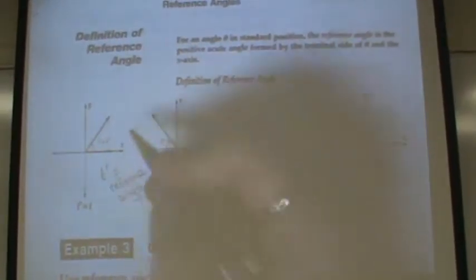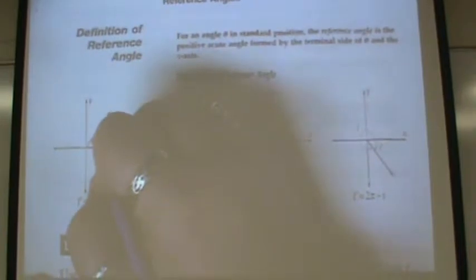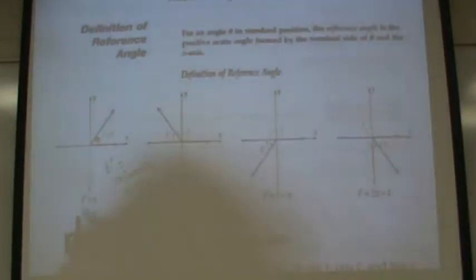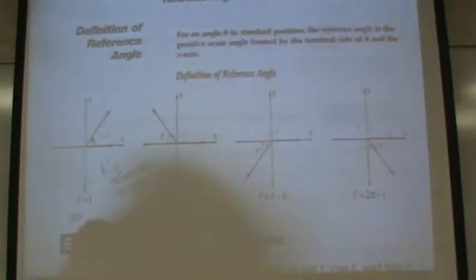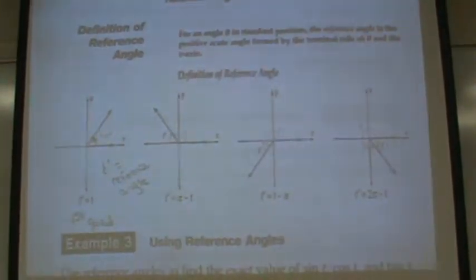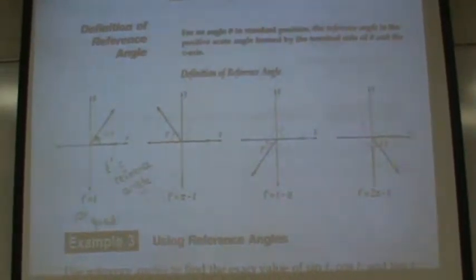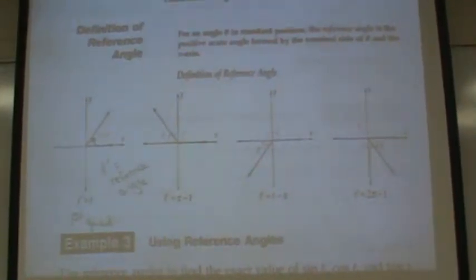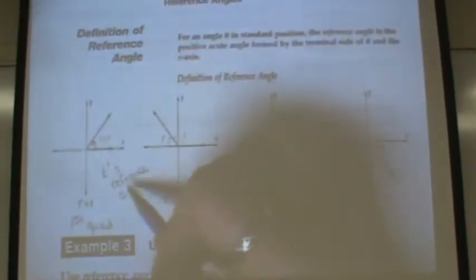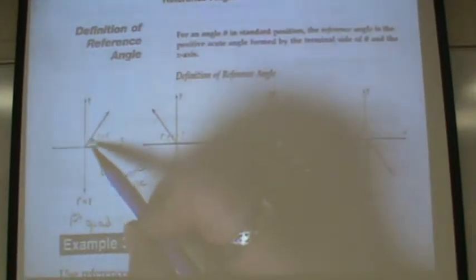In this first picture, our angle is right there. We're in the first quadrant. And if we're thinking about the acute angle that's formed with the x-axis, it's just itself. So in this case, T prime, the reference angle, is equal to the angle itself.